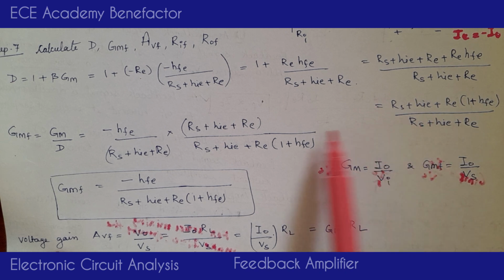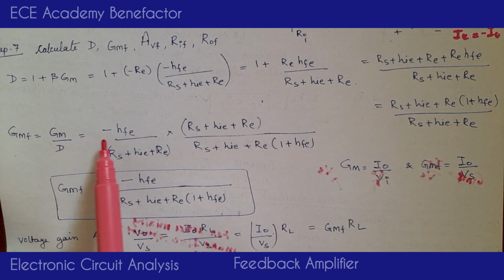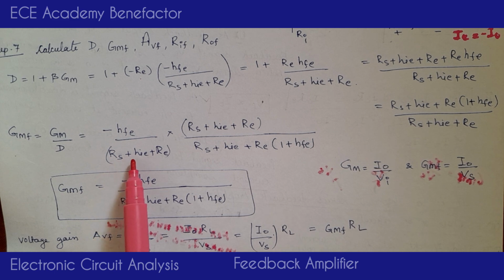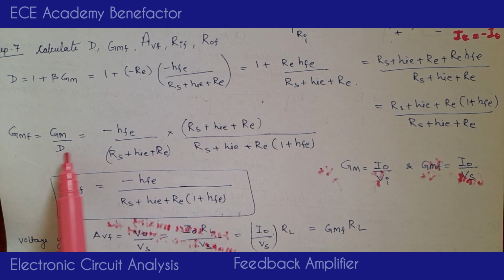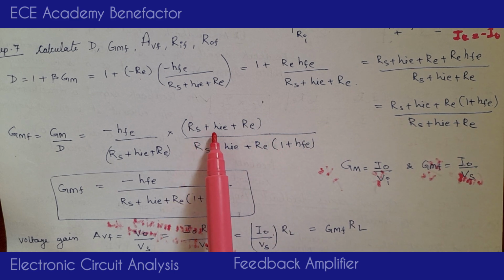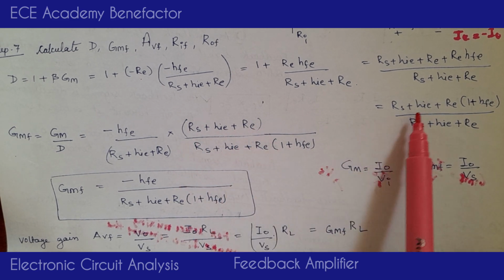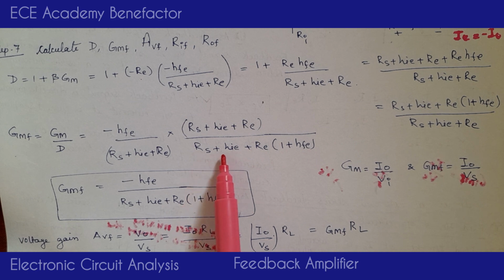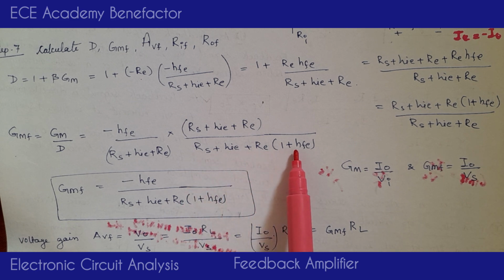We are substituting here. So GM is minus HFE by RS plus HIE plus RE, divided by D. So this denominator came up, RS plus HIE plus RE, and the numerator is here, that is RS plus HIE plus RE times 1 plus HFE.